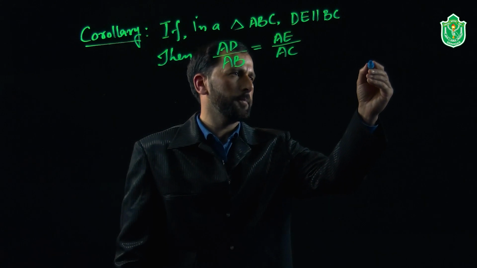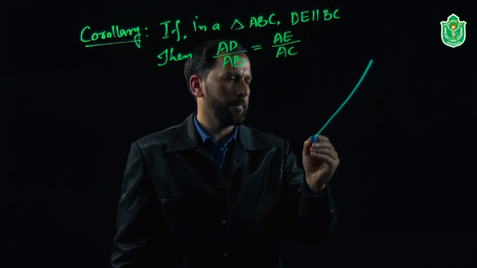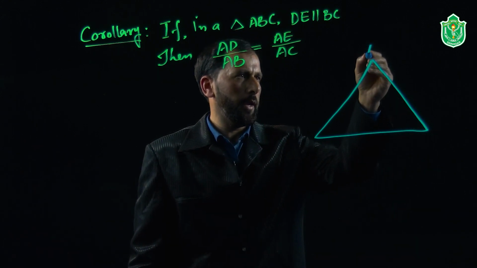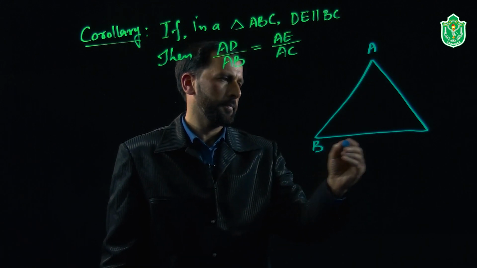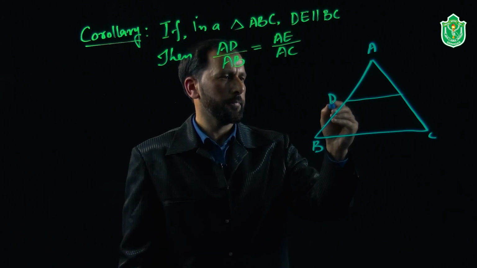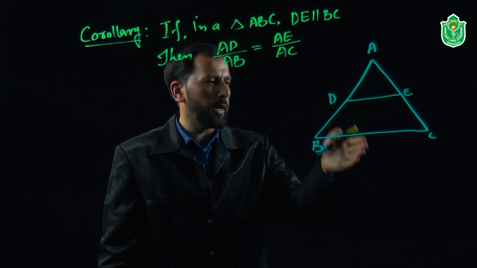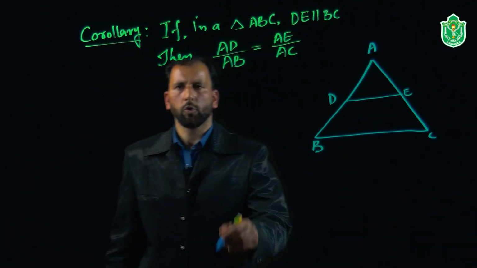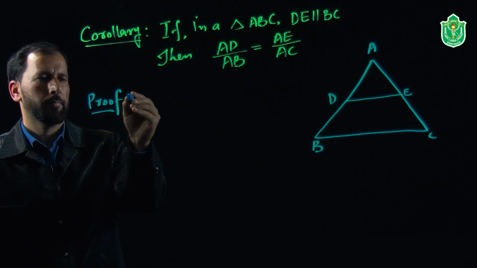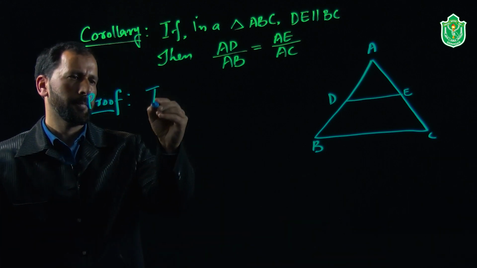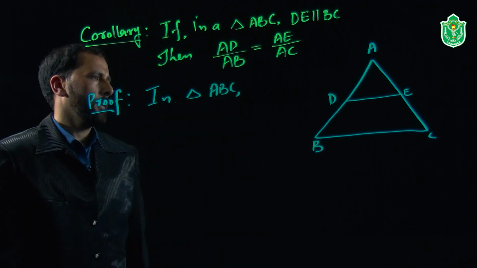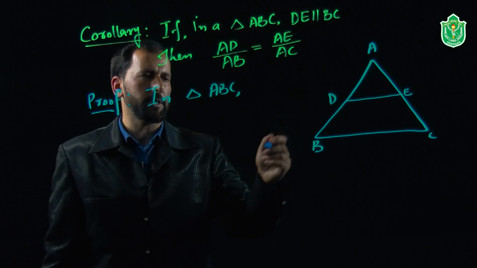So let us draw a triangle ABC here, in which DE is parallel to the side BC of the triangle. The proof of this corollary is: in triangle ABC, DE is parallel to the side BC.